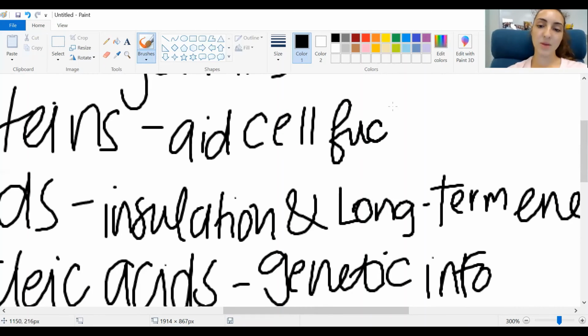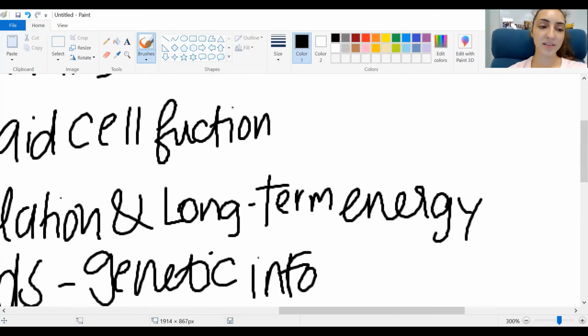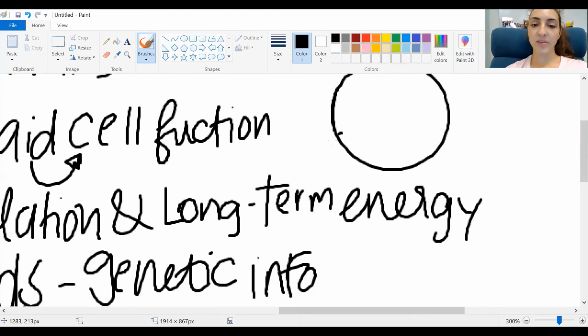Now, what do you mean you're aiding? So you're going to be helping the cell by assisting in different parts of the cell. So for the cell membrane, we see proteins all along the cell membrane, either as receptors or a mode of transport in and out.